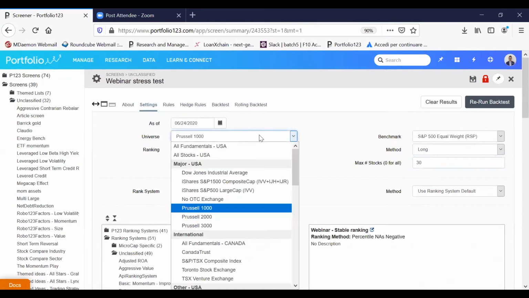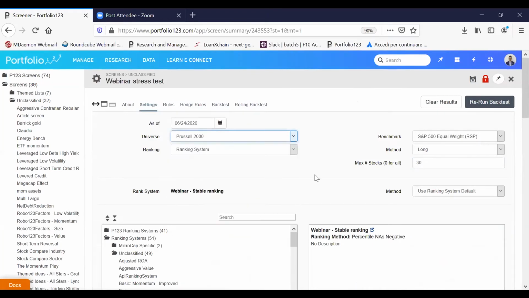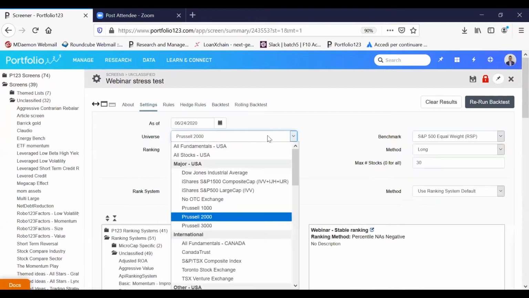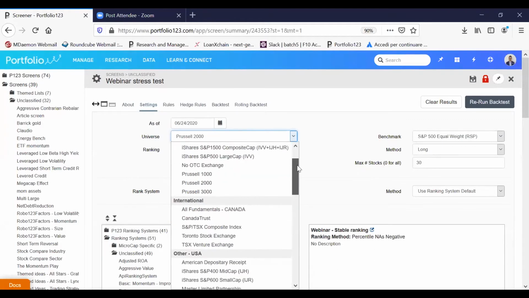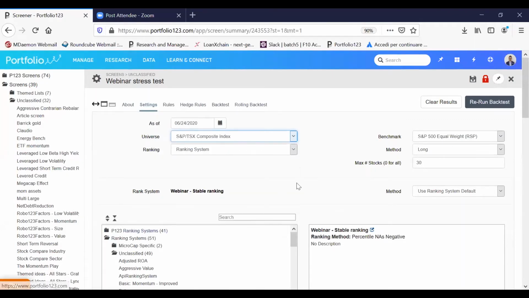In here, we can also do other testing about, for example, just selecting small caps or other universes. I'm also of the opinion that it's important to also test the strategy in different markets.